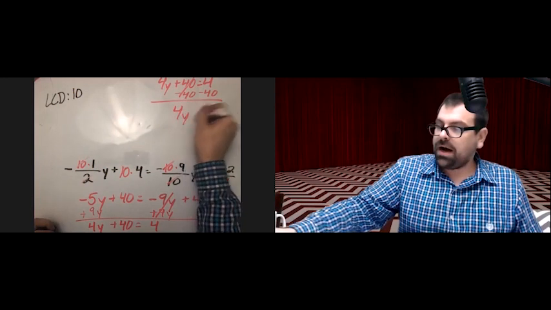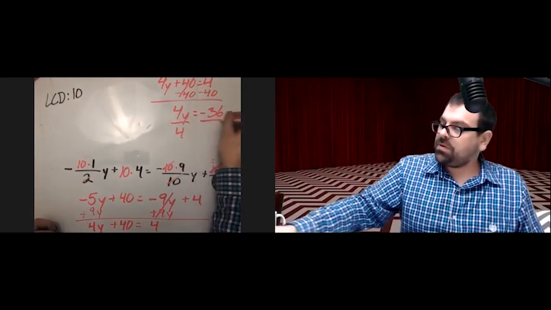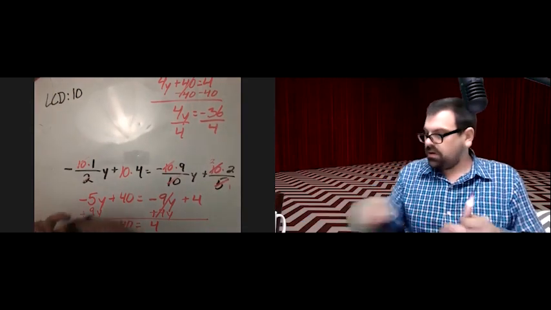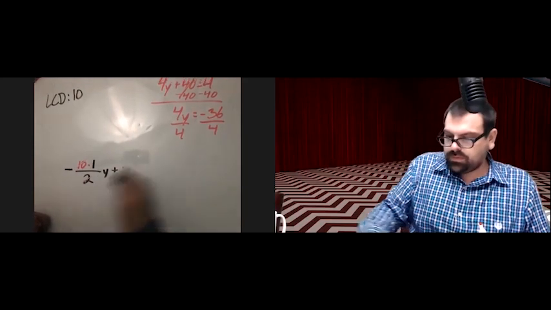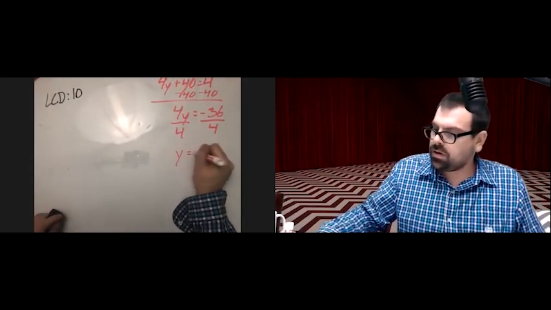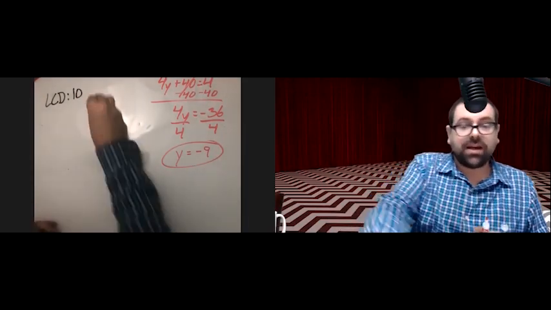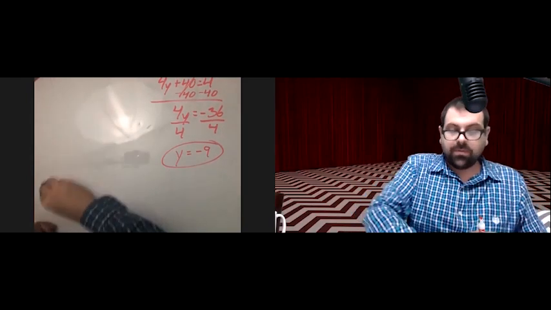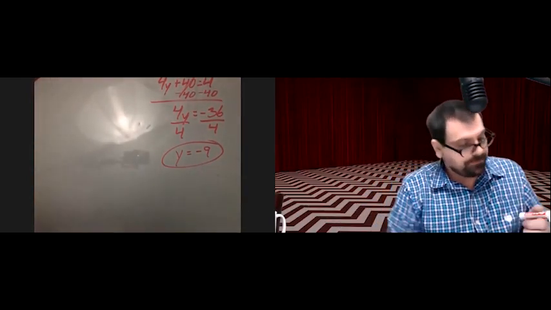We get 4y equals negative 36. Divide both sides by 4. We get y equals negative 9. We didn't have to work with fractions once we got rid of them.